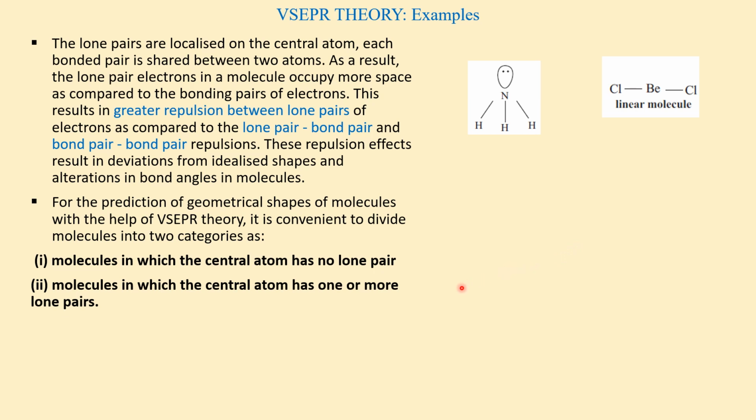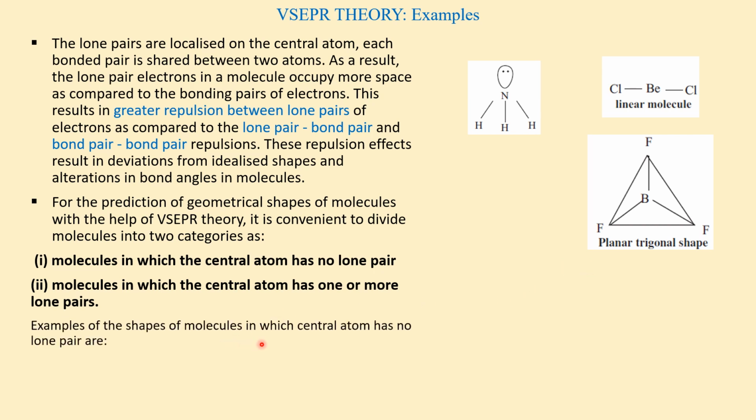The second category is molecules in which the central atom has one or more lone pairs. For example, in figure 3 here, boron B is the central atom, F and F are the surrounding atoms, and this is a planar trigonal shape.